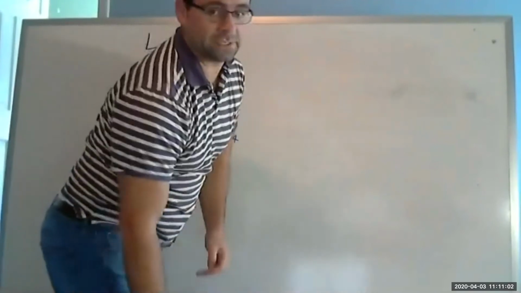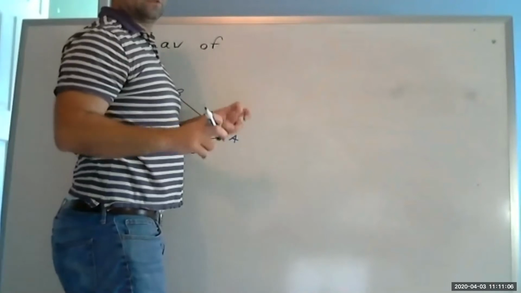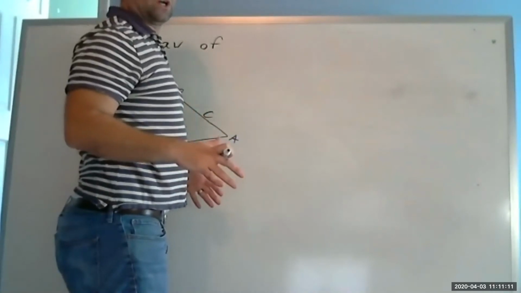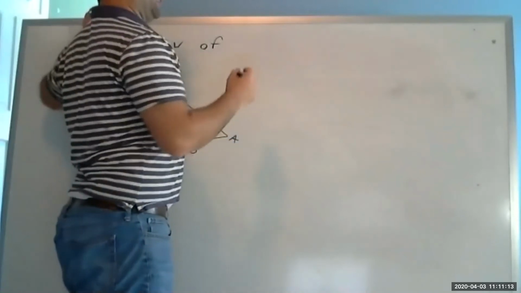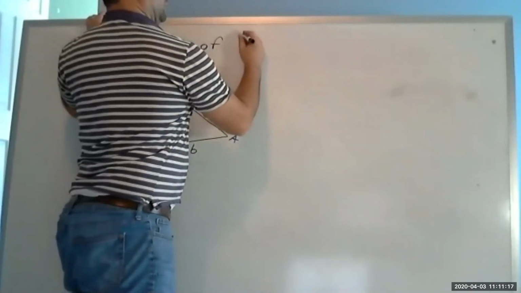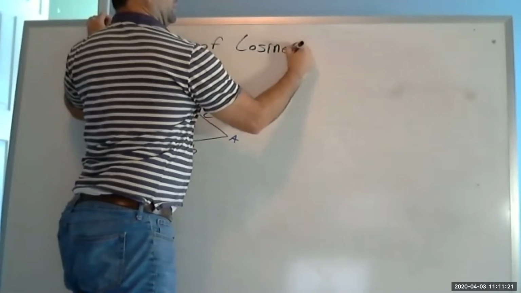Again, these are all about solving a triangle, and this is true for any triangle, so that means it's also true for right triangles. But this is the law of cosines.